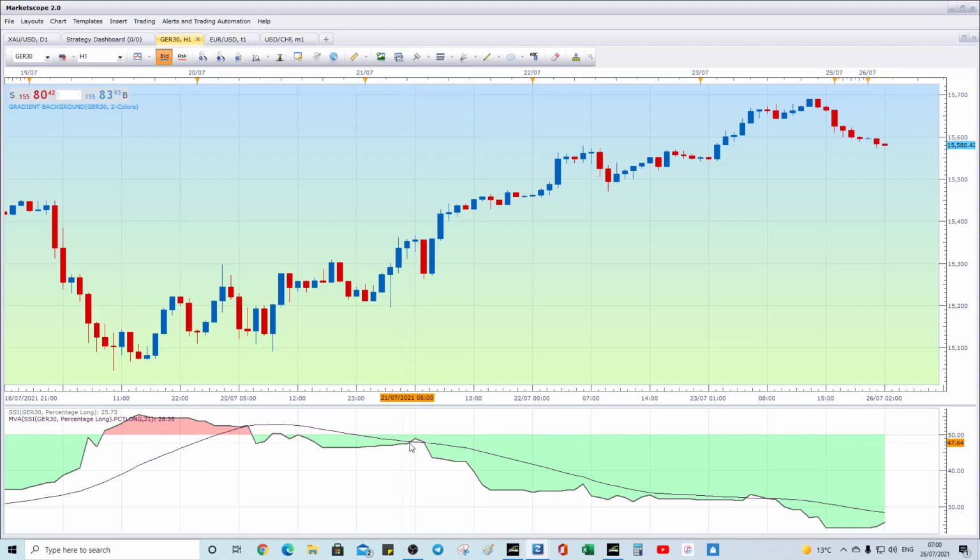So they went long, got out a little bit of profit, very tiny little profit, and then they shorted it, which they then profited a little bit, but then of course they held on, and it went against them. And I think they're probably thinking it's going to come down and they'll get out at break even, but so far this is still a buy because we haven't had the crossover.